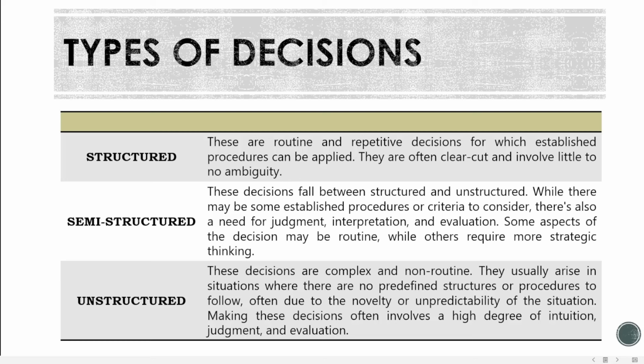They usually arise in situations where there are no predefined structures or procedures to follow because it's novel and there is unpredictability doon sa situations. So, making these decisions often involves a high degree of intuition, judgment, and evaluation.